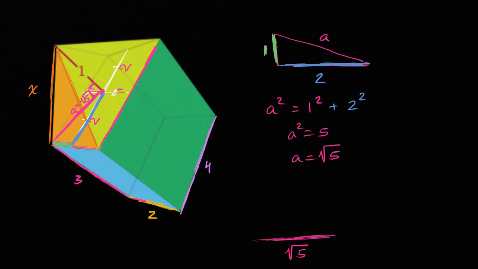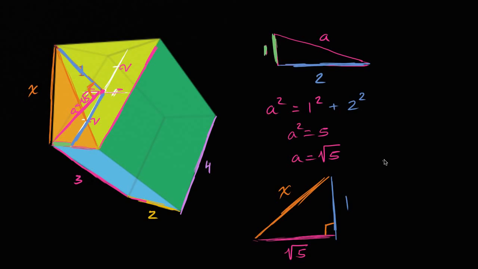This height right over here is length 1. And we are trying to figure out x, in orange. Once again, we know this is a right triangle, so we can apply the Pythagorean theorem again.